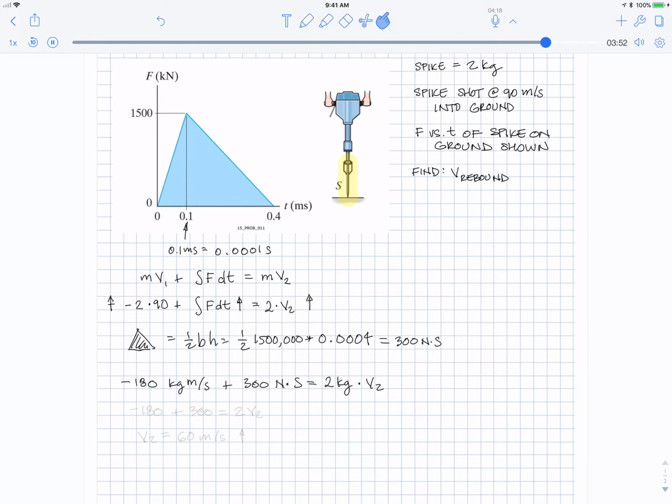So I'm just going to put the numbers in, and we'll fix the units at the end. So minus 180 plus 300 equals 2 v2. So v2 is 60 meters per second.